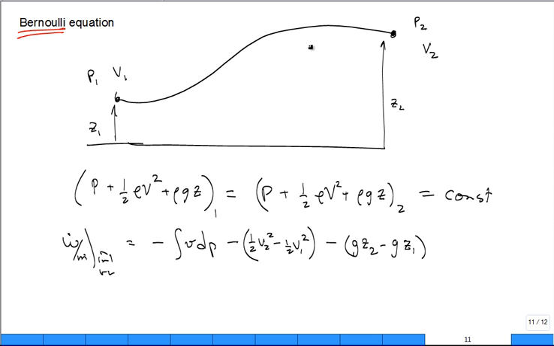Now, if there is no power coming into my control volume, I put a long control volume like this. If there's no power, that's equal to 0. No mechanical energy in or out.